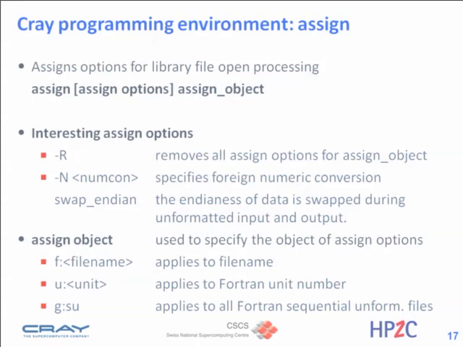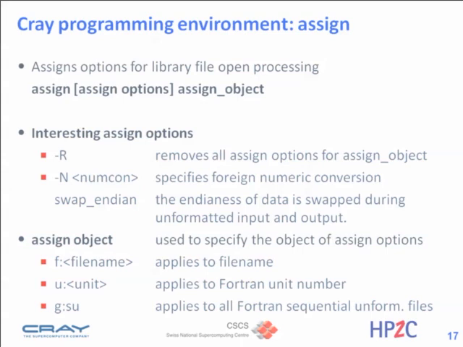So, for example, if you want the byte swap to be applied to a specific file, even if you have not compiled the code in that way, you can do it at runtime by simply asking, for example, assign -N swap and the name of the file, and then all the I/O performed on that file will be swapped.